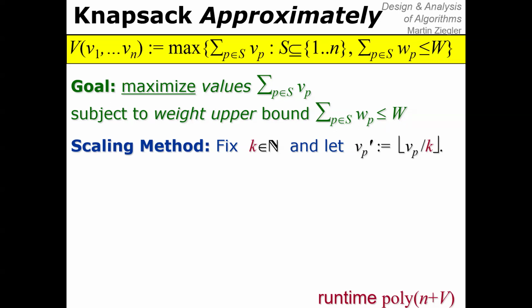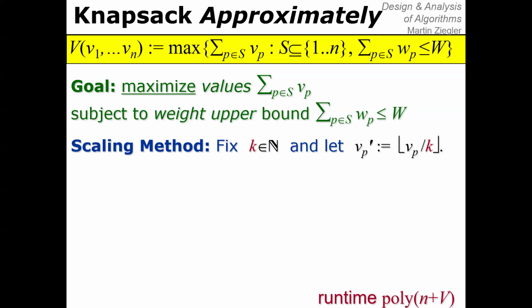So what happens when we run our previous algorithm or look at the problem after this rounding down? Well, since we don't change the weights, the optimal value will also go down, right? If we multiply all values by 5, then also the optimal value will go up by a factor of 5. If we scale everything down by a factor of 5, then also the optimal value will go down.